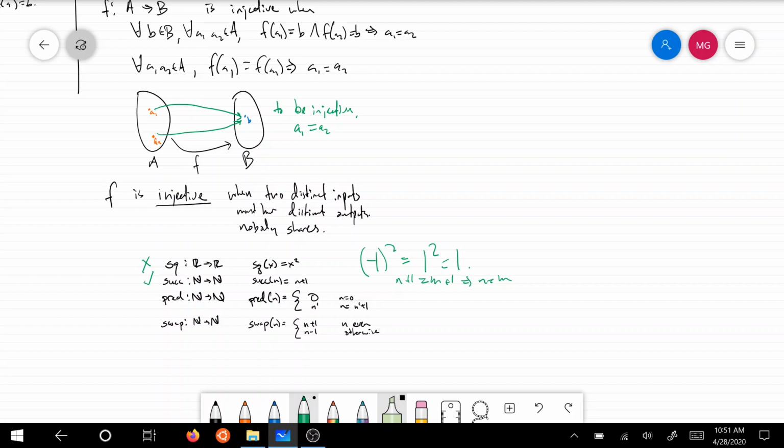Okay, what about predecessor? Is predecessor, as we've defined it here, injective? I would say no, because look, pred 0 equals pred 1 equals 0. Okay, what about swap? Is swap injective? It is. For a given number, if it's even, then we'll add 1, and that's the only number that will hit it.